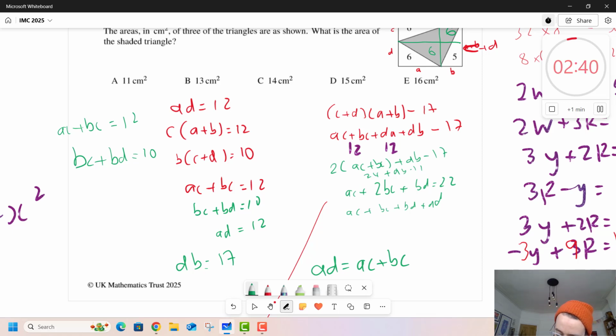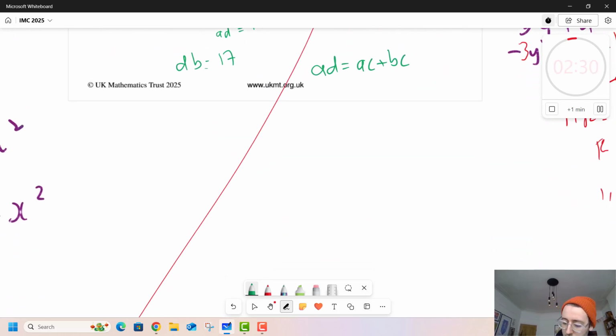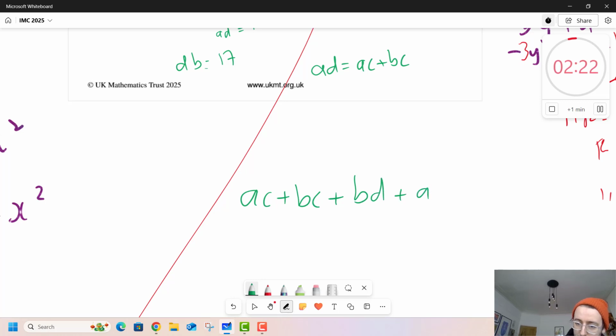And then we've also got AD, that's 12. This should be really easy, I feel like. I'm trying to find AC plus BC plus BD plus AD. This is 12. This is 10. And this is 12.